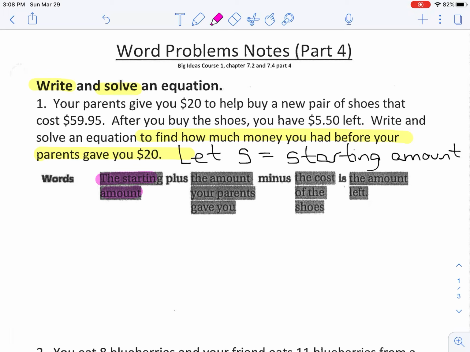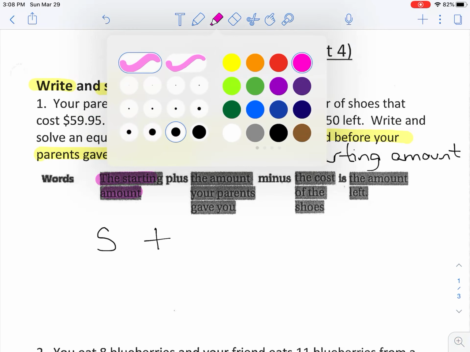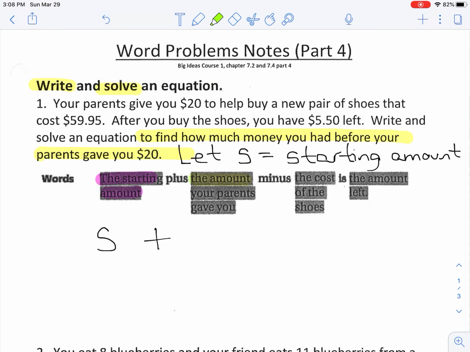Now remember, the starting amount is what we don't know. That's our variable. So that's going to be our S. To that, we're going to add the amount that our parents gave us. Your parents gave you $20. So that's going to be plus 20.